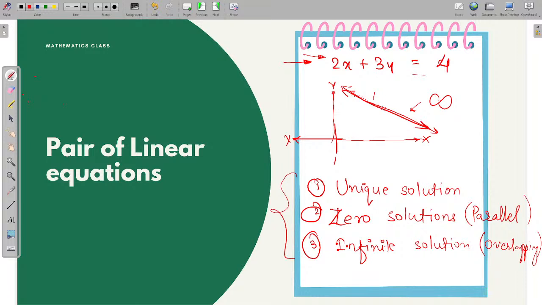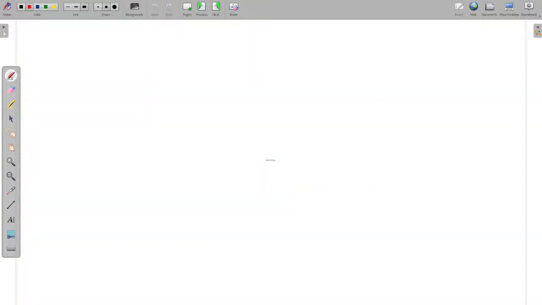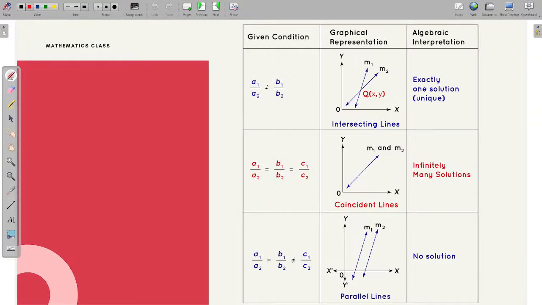So for that we have a few rules, a few conditions. Those conditions are these. First of all, you have to write the equation in the form a1x plus b1y plus c1 equals 0, and the second equation as a2x plus b2y plus c2 equals 0.